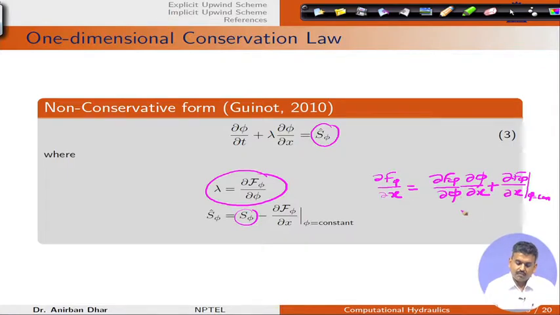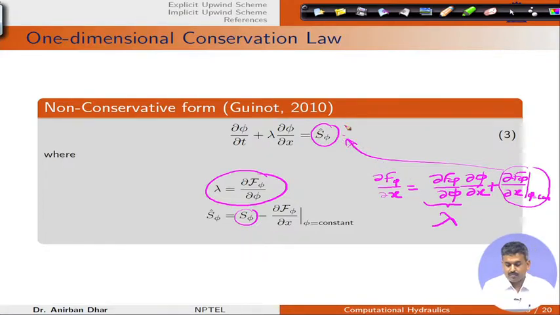So, now this term is lambda, and we can transfer this term to the right hand side and subtract it from the original sourcing term, then we get this modified one.